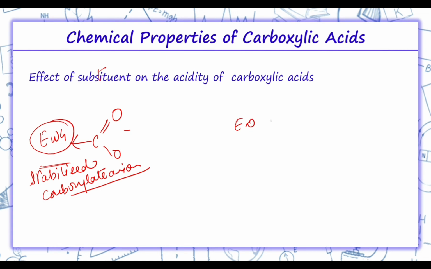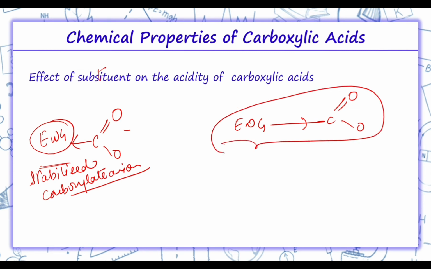But if an electron donating group is present over here, this electron donating group destabilizes the carboxylate ion and thus weakens the acid. Now, the effect of the groups in decreasing acidity order is CF3 is more acidic, then NO2, then CN, then fluorine, then chlorine, bromine, iodine and then phenyl group.